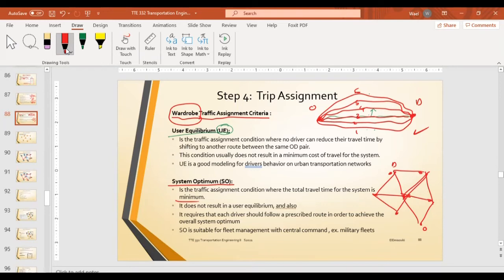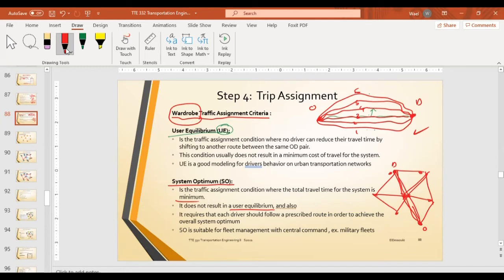Of course, the system optimum is not expected to result in a user equilibrium. Also it requires that each driver should follow a prescribed route. That means here, for the driver to go from here to here, it might be in his personal interest to go this way. If he is looking for his best route, that's the best route for him.